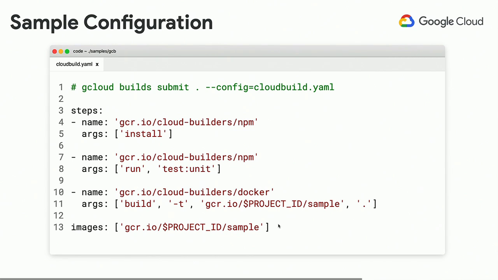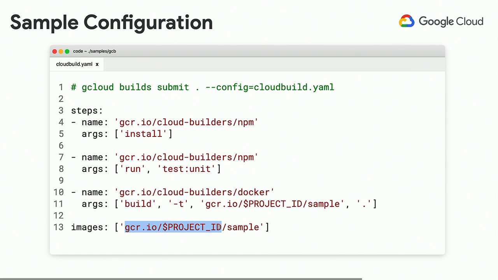So Cloud Build will clone your repo and will run Docker images steps on your code base. For example, here, this first step will run npm install on your sources. And then npm run test to make sure that the unit tests are run. And then it will do a Docker build to produce a Docker image, and this Docker image will be pushed by Cloud Build.